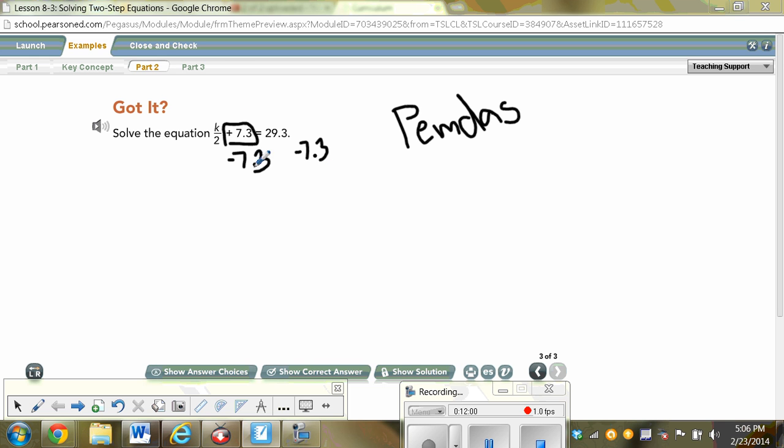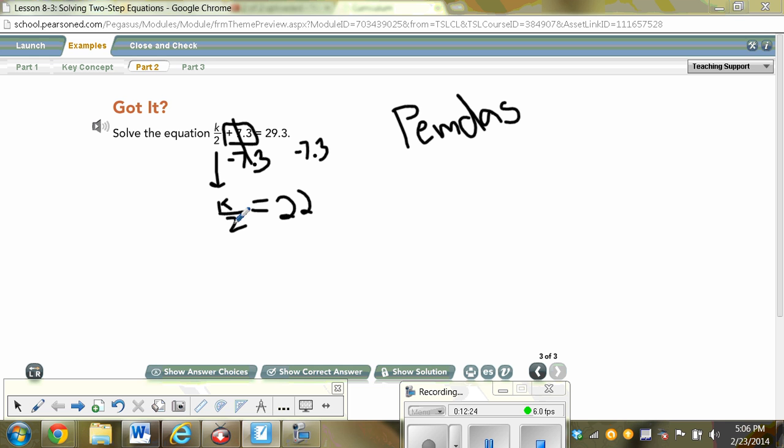I need to keep my equal signs. Bring this down. k divided by 2. If I'm dividing, what do I do? I multiply. What do I multiply? The number that's on the side with the k. So in this case, 2. I'm going to multiply this side by 2.